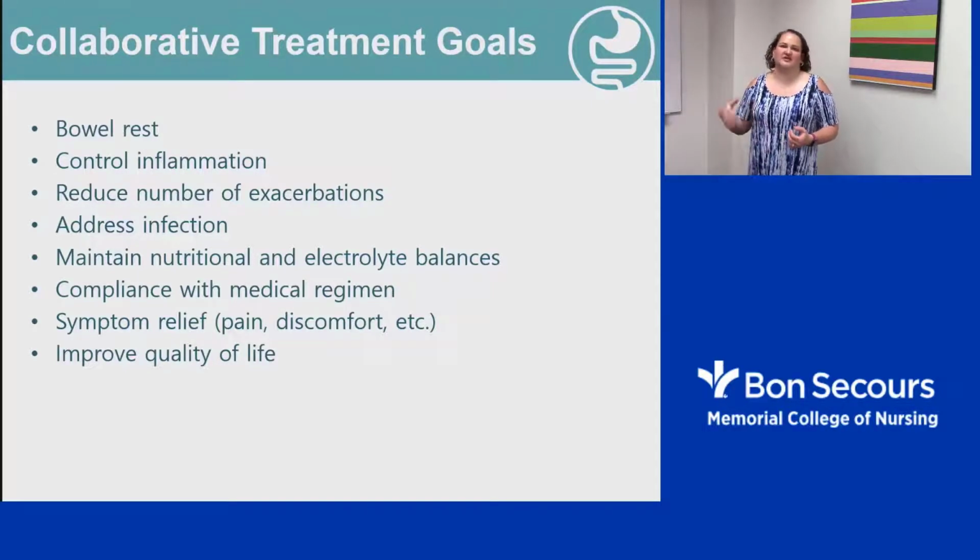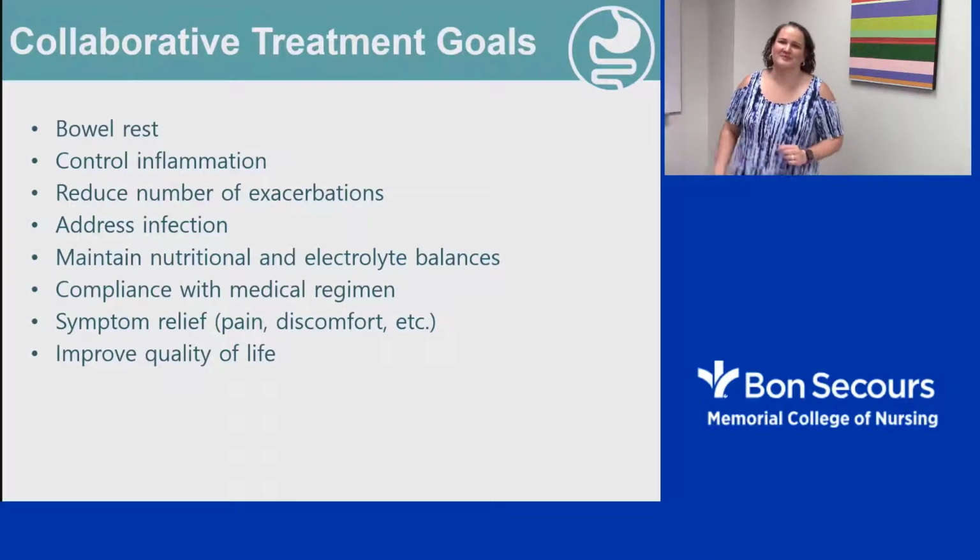Reduce number of exacerbations, knowing what are triggers, but then also some of our new pharmacological medications will decrease the number of exacerbations. If you have infection issues, they need to be addressed. Look at nutrition and electrolyte issues and fix them. Compliance with medical regimen.